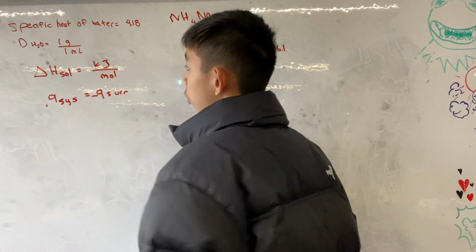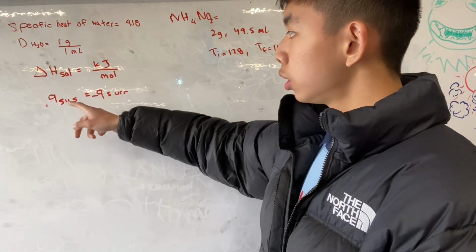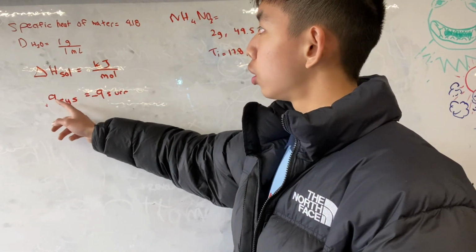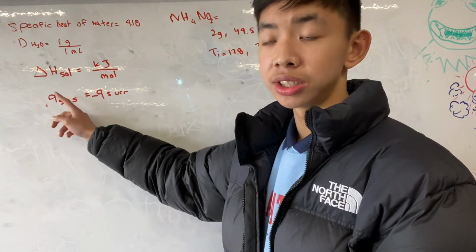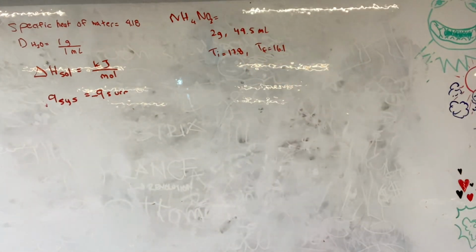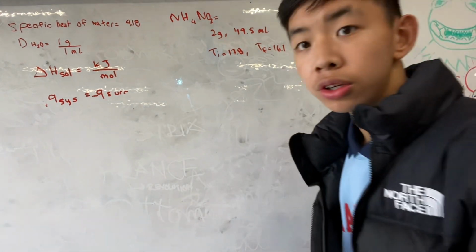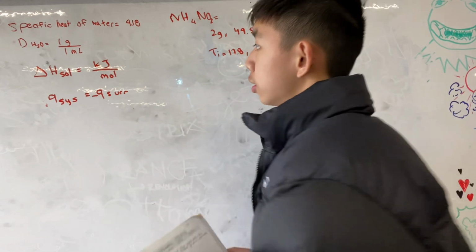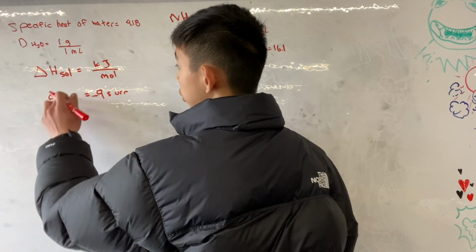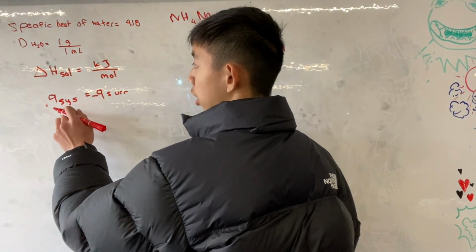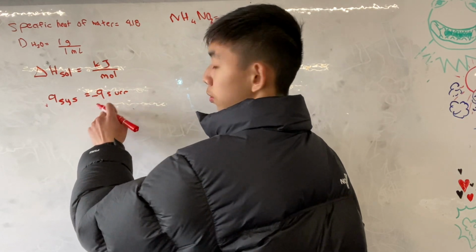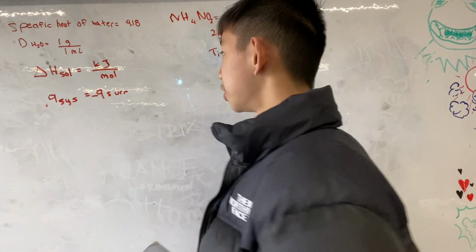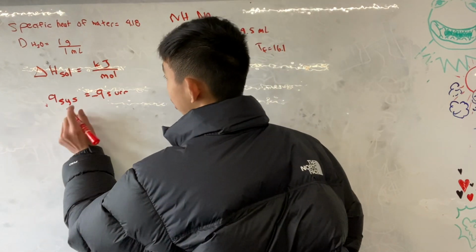And so the Q solution, you want to focus on the reaction, and the reaction is a system. You want to focus on the salt, and the salt is a system. So H solution equals Q system equals negative Q surroundings, all over moles.